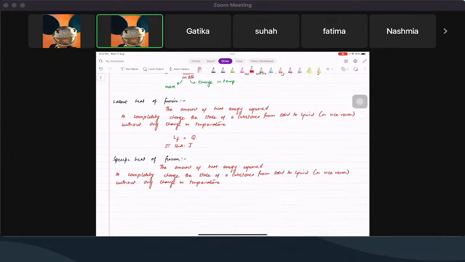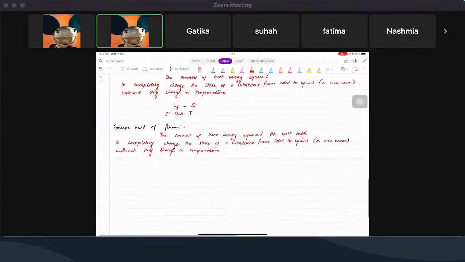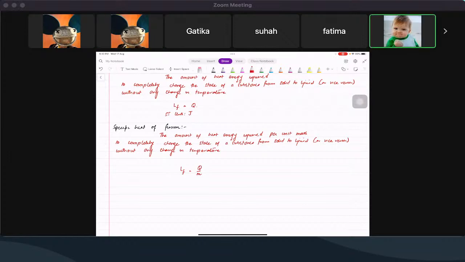Now you just need to add per unit mass to completely change. When you add per unit mass, basically what happens is that now you will use small l f equals Q upon mass. Q gets per unit mass. Now the SI units would be joules per kg. Is it clear? Yes, sir. Okay, this will be fusion.